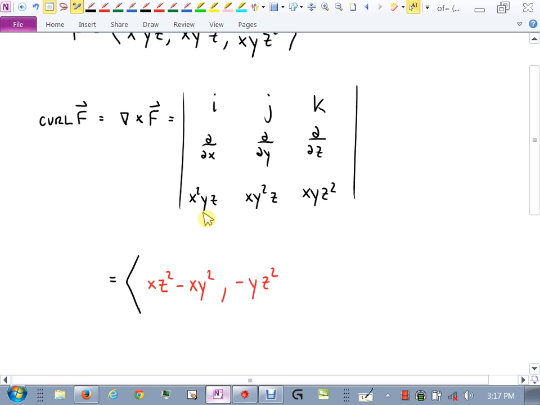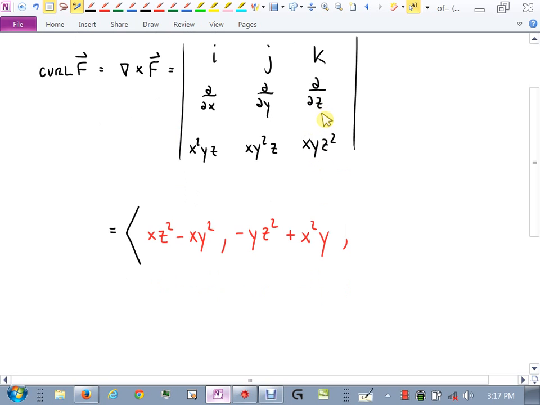That was minus, but now it's plus. And then finally, the k component is the partial with respect to x of this y squared z minus the partial with respect to y of this x squared z. Understand?